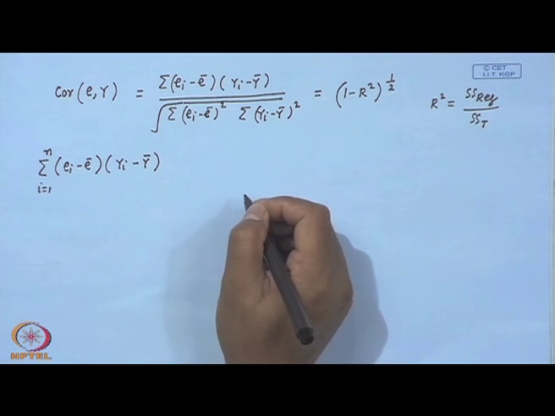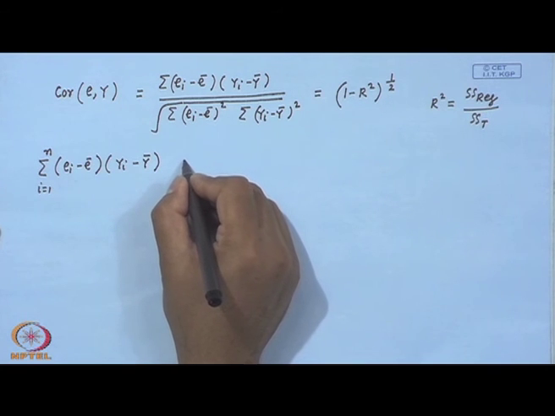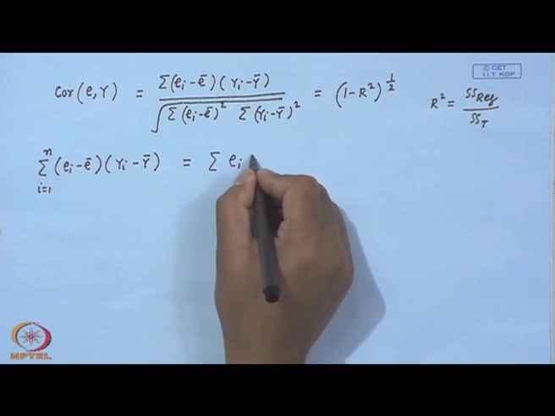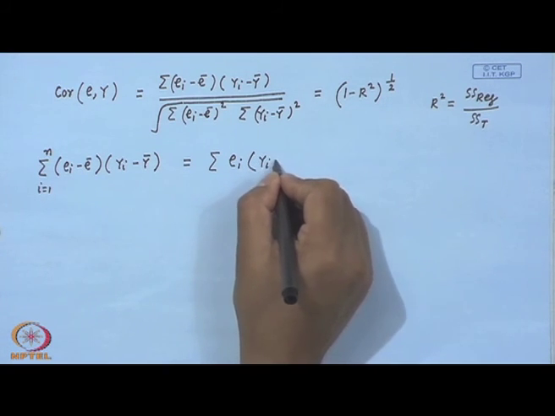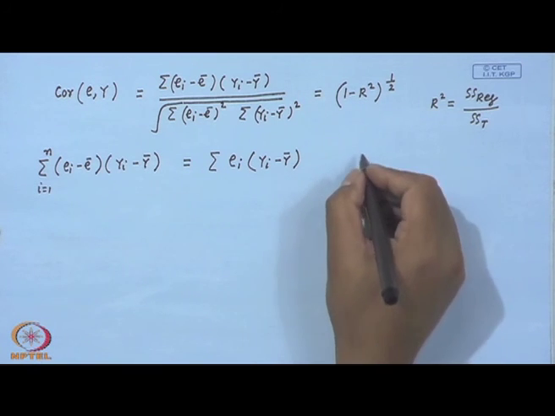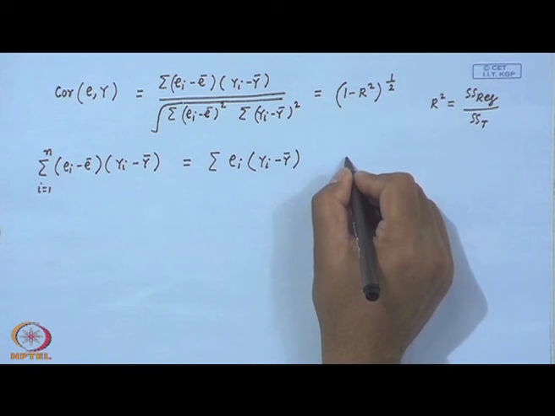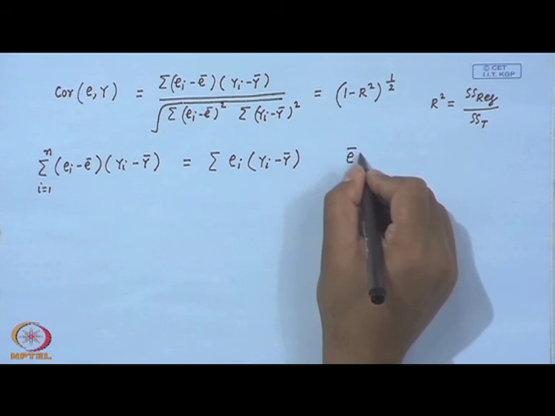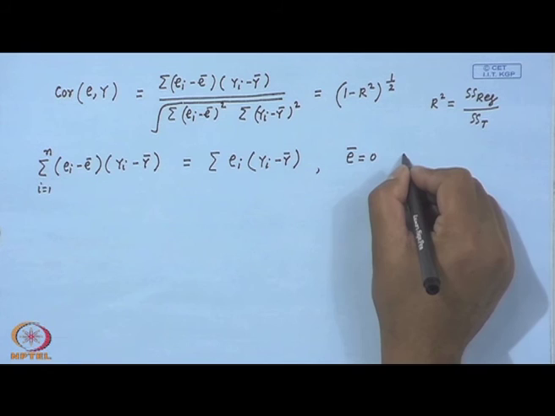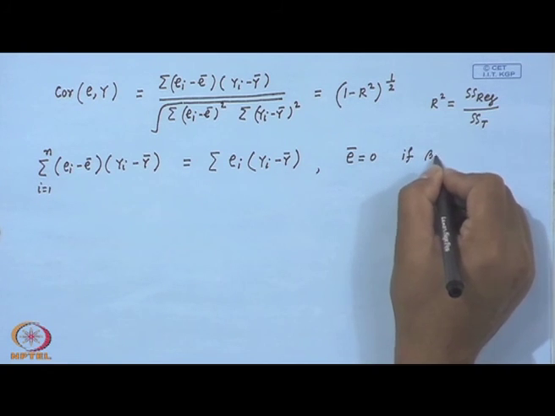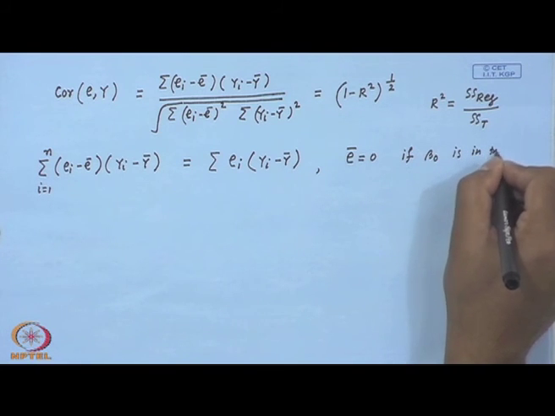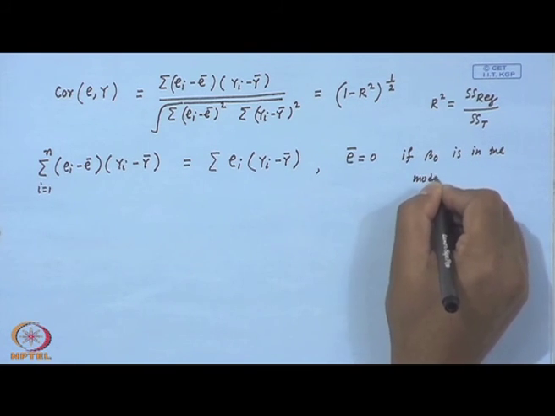Okay. So, can I write this one as just E I into y I minus y bar, because of the fact that E bar is equal to 0 if beta naught is in the model.